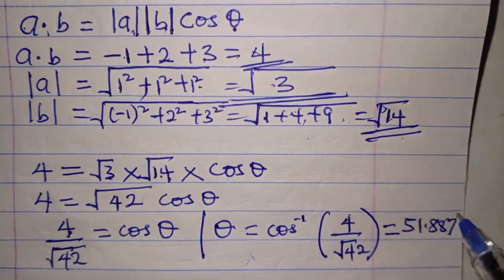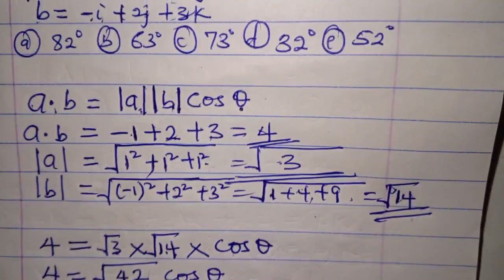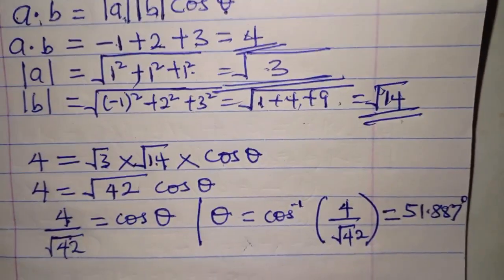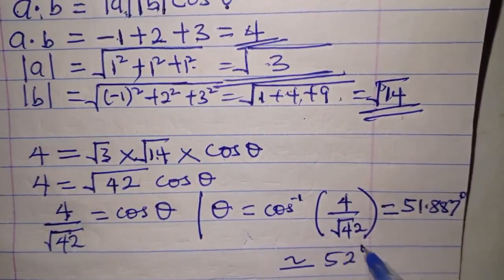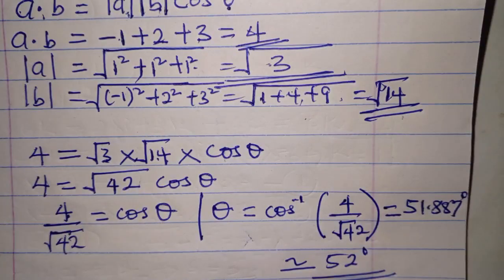If I approximate this to the nearest whole number, like the question asked, this is approximately 52 degrees. So the angle between the two vectors is 52 degrees.